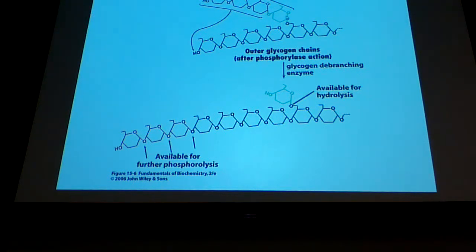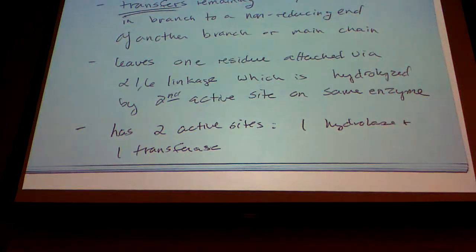Those four can be transferred to another non-reducing end. So three of those would get moved, and then the fourth one gets left behind, and that's the one that's just hydrolyzed. And that one's not a mechanism we're going to do.